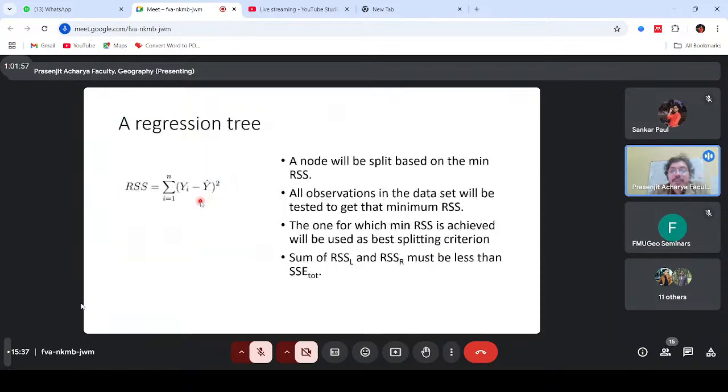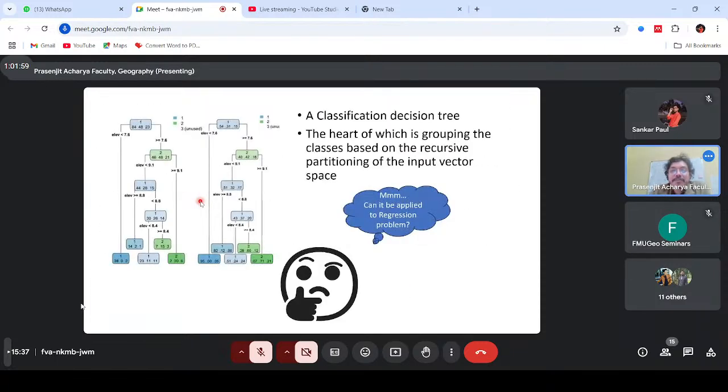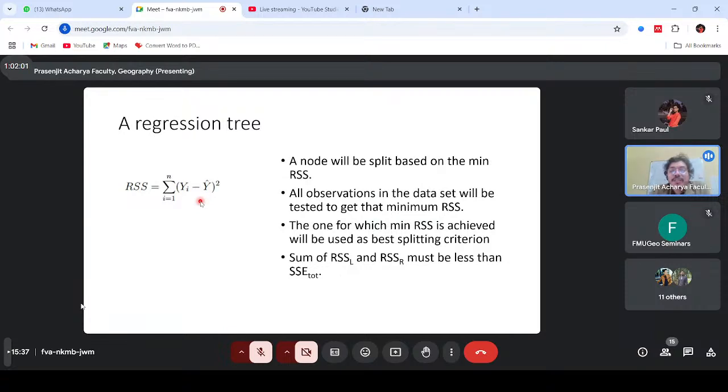Okay, so let me just go to the next slide. A node will be split based on the minimum residual sum square error. All observations in the dataset will be tested to get that minimum sum square error, the same principle. Every observation in that data table will be tried, and the one for which we get the minimum RSS will be picked up as the best splitting criteria.